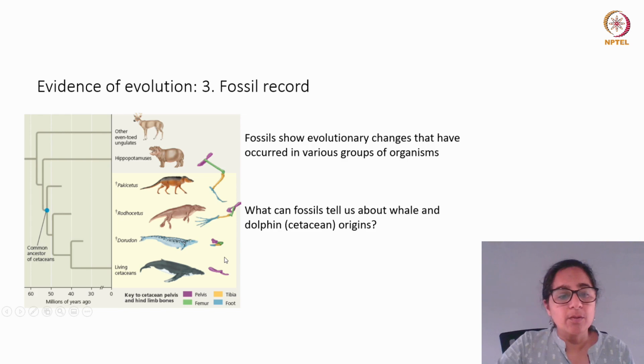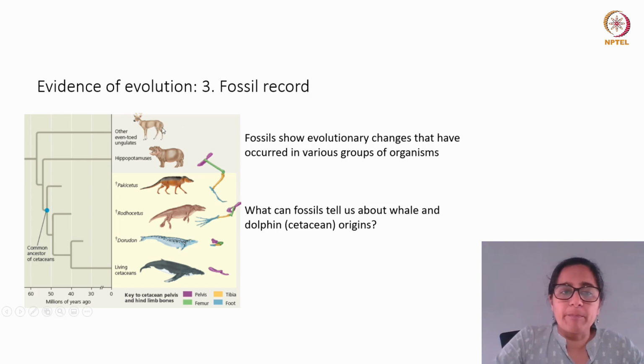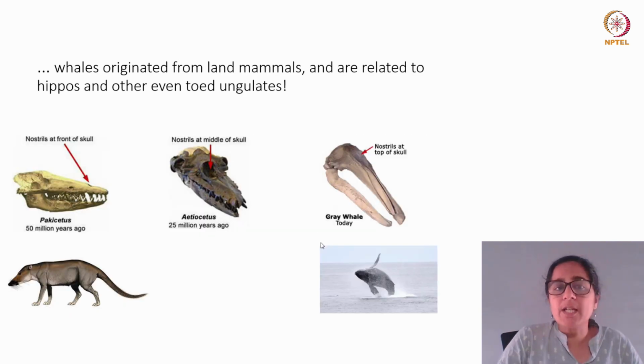So now you can ask, okay, what is the connection between a whale, which is an aquatic mammal, versus something like a Pachycetus, or even for that matter deer or pig or other even-toed ungulates, which are completely terrestrial? Is there any connection at all? Why am I showing a phylogenetic tree which seems to link all these animals together? So, in fact, people have found that whales originated from land mammals and are related to hippos and other even-toed ungulates.